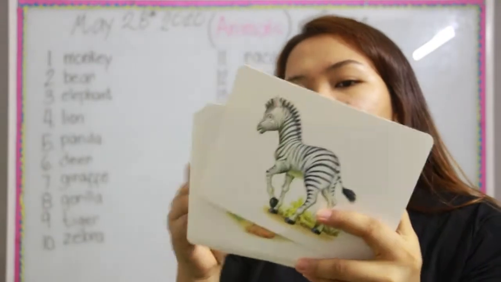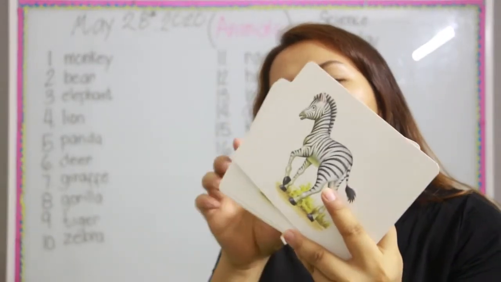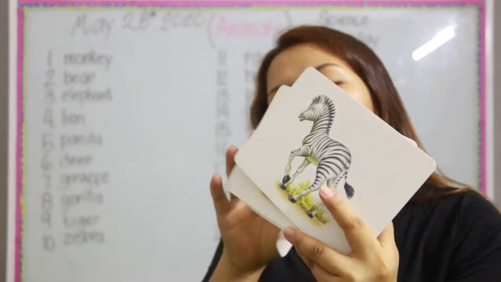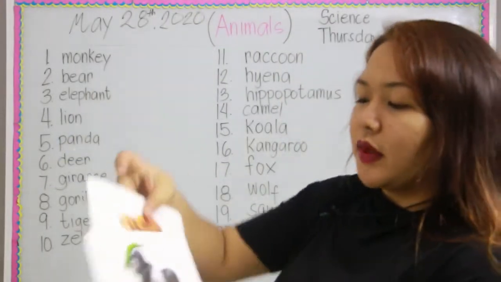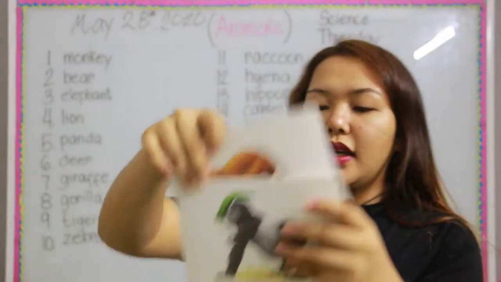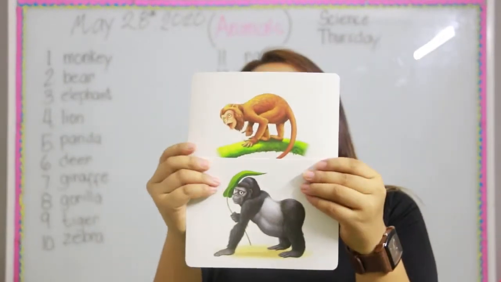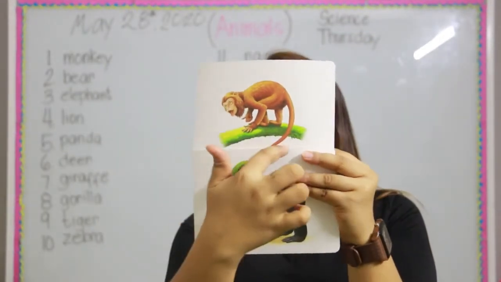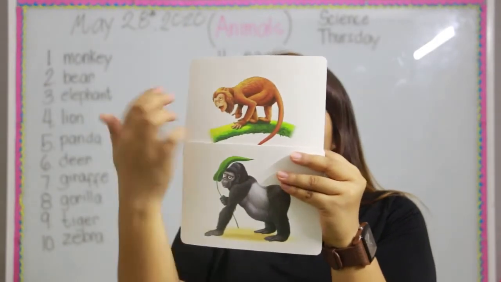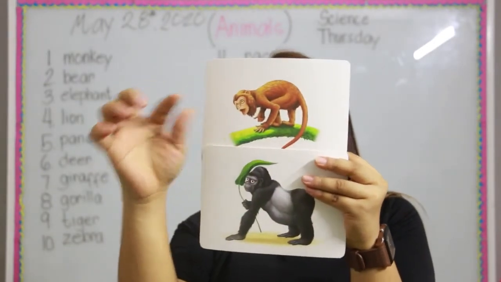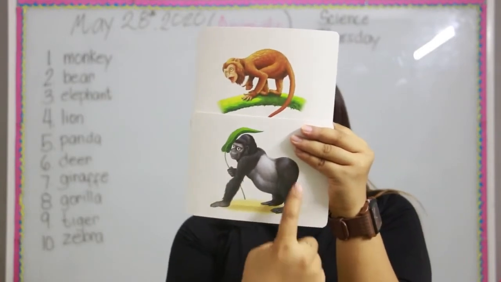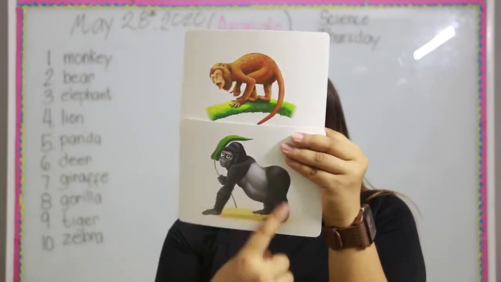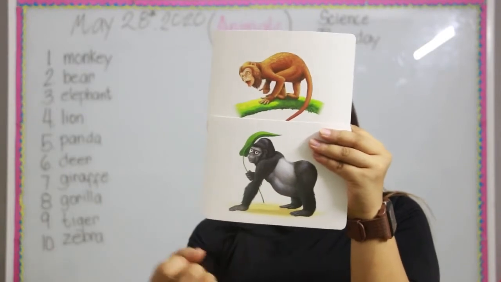So I'll just show you very quick the difference between a monkey and a gorilla. Okay, so again, there's a difference between a monkey and a gorilla. So let's compare. A monkey has a long tail. It's brown, it's smaller. A gorilla is big. It doesn't have a very long tail, and it's black with some gray colors.